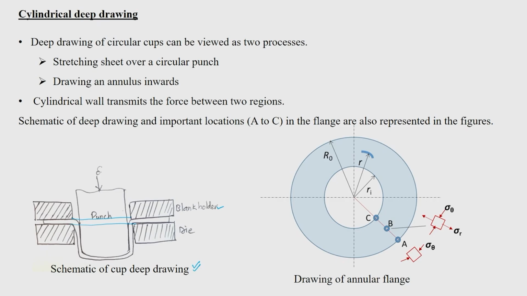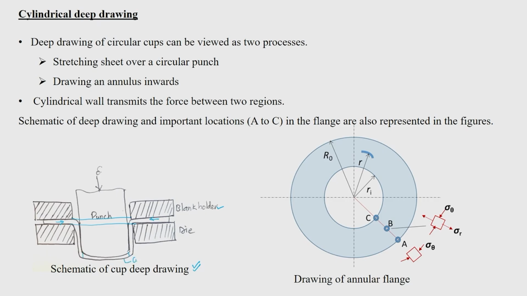We have to give appropriate blank holding force so that the inward movement of the sheet can happen with some restriction due to the contact friction between the sheet, blank holder and the die. Okay. And when the punch moves down, you will see that the cup bottom is formed first.